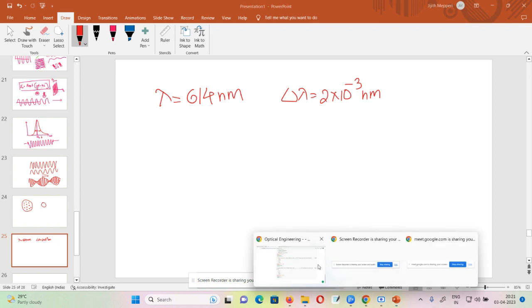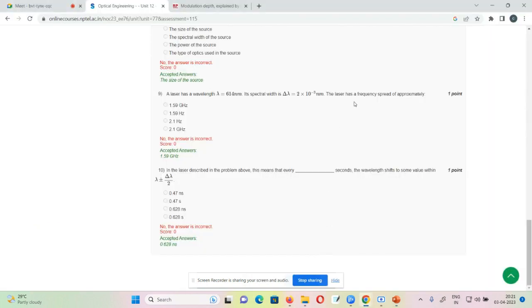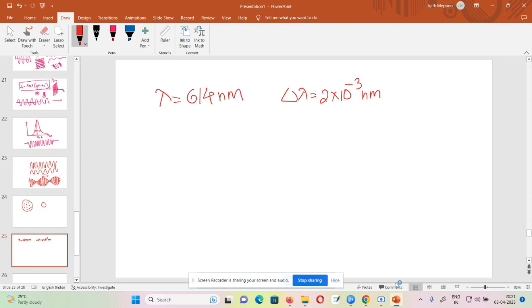You want to measure the frequency spread of your laser.